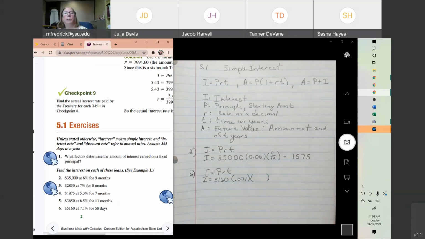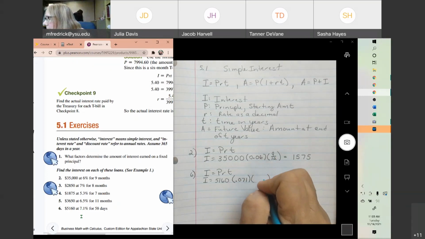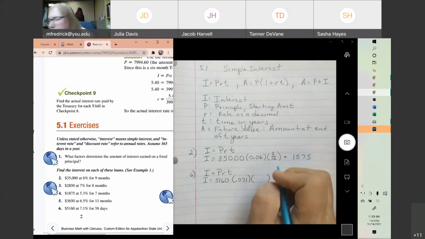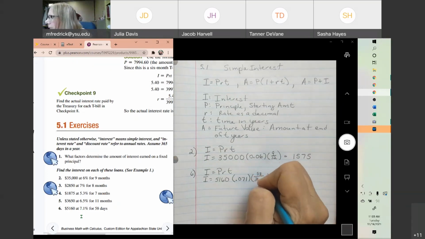Now, sometimes they'll tell you how many days to use. If they don't, then it's 365. And they said 58 days out of 365.